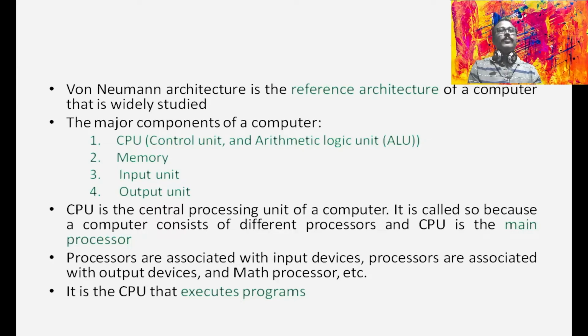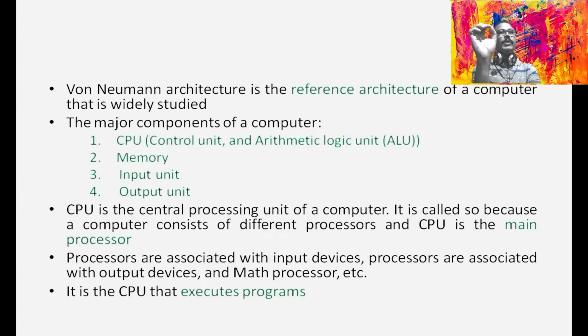So CPU is called the central processing unit because inside a computer there will be many processors. Some specific tasks require a separate processor, for example, a math processor. And there will be processors associated with input-output devices also.